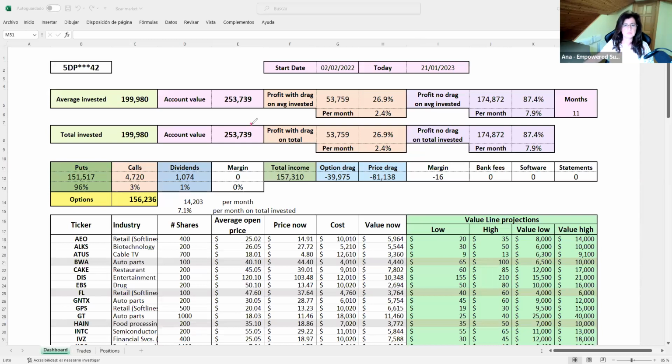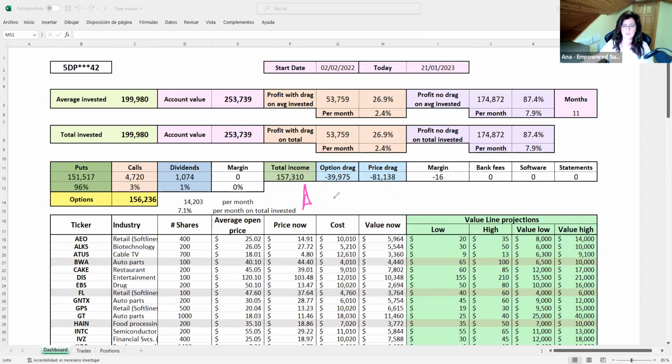This account value, as it does all the time, includes the negative amounts corresponding to the option drag and the price drag. The price drag is the difference between what we paid for the shares and what they are trading at now. And the option drag is because we sold puts. Again, it's pulling the price down.